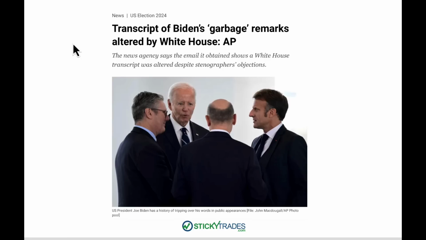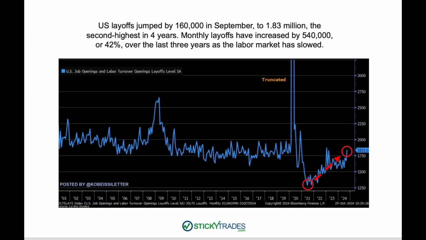Whether you're a Biden fan or not, you have to understand where this is leading us. If you can't trust the government on simple words that are spoken and how they're changing those words, or at least trying to alter those words for the record, then how can you possibly believe any of the data that's coming out from the departments that release this data?